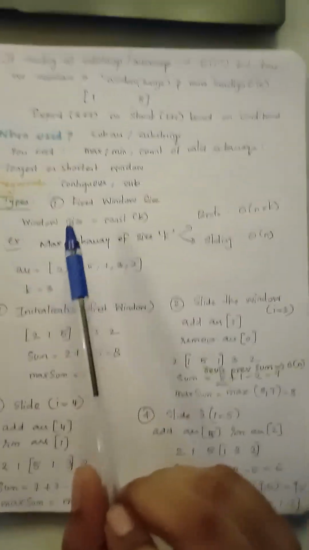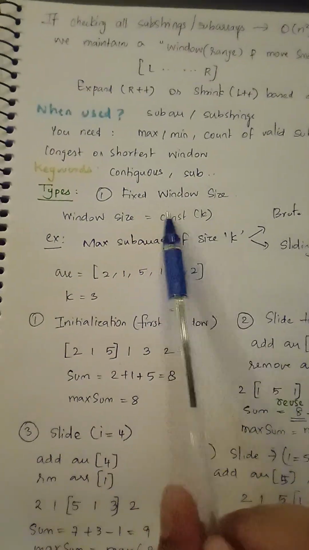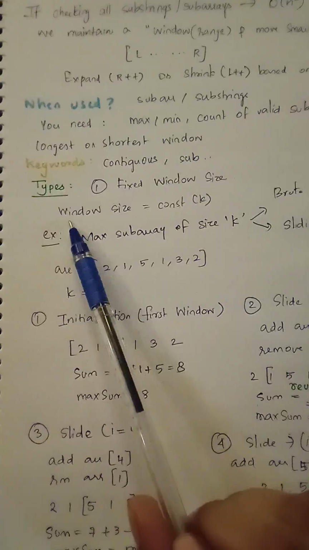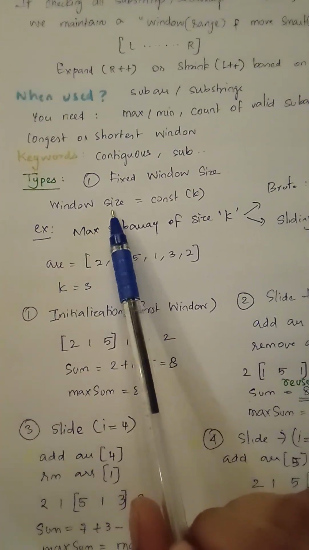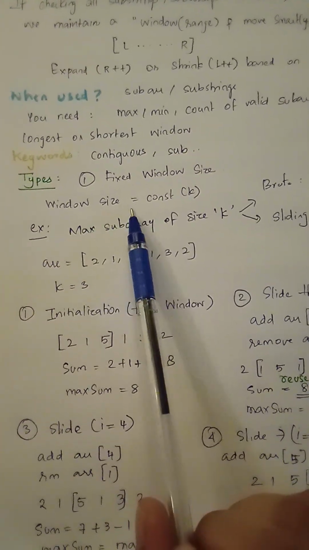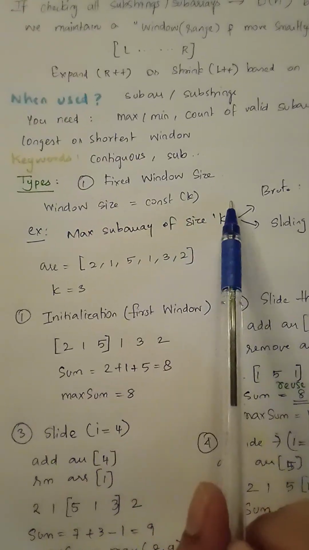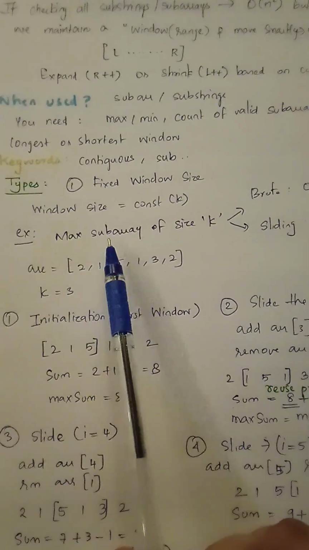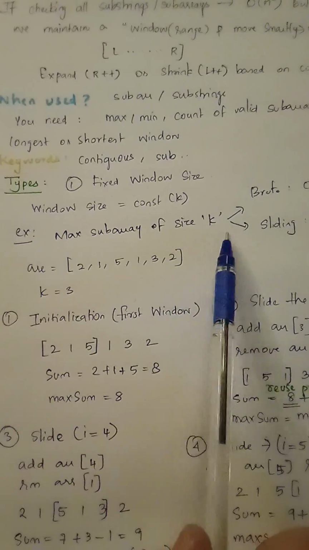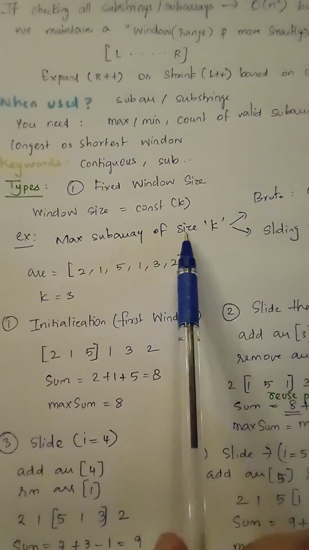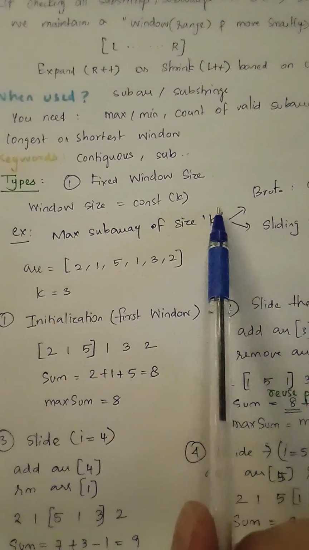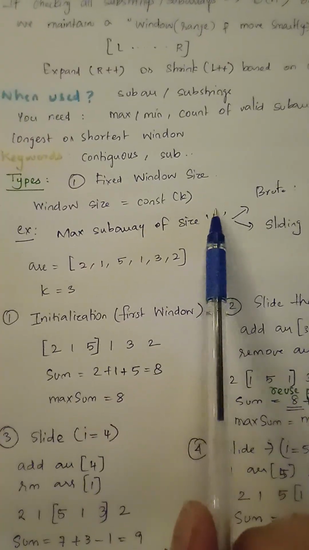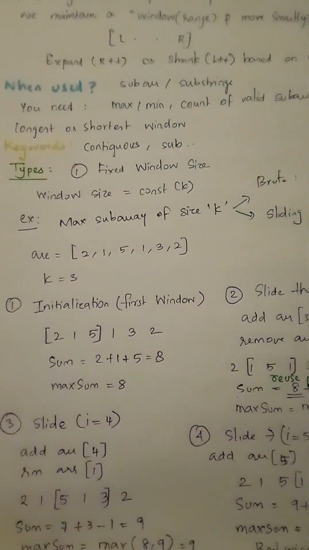We have fixed window size as our first type. The window size is not variable, it is fixed, a constant. For example, we need to find the maximum subarray of size k. That means we have a fixed window size of k, some integral value k.